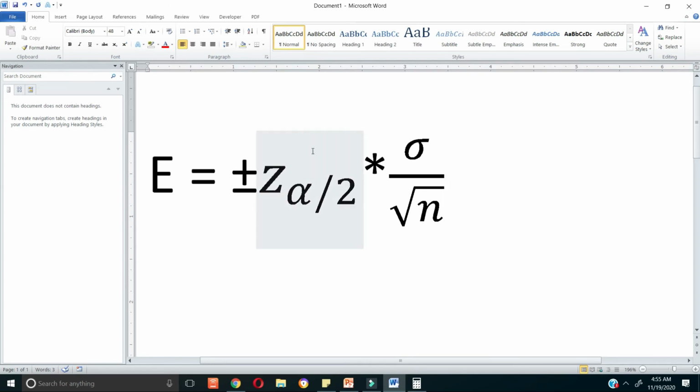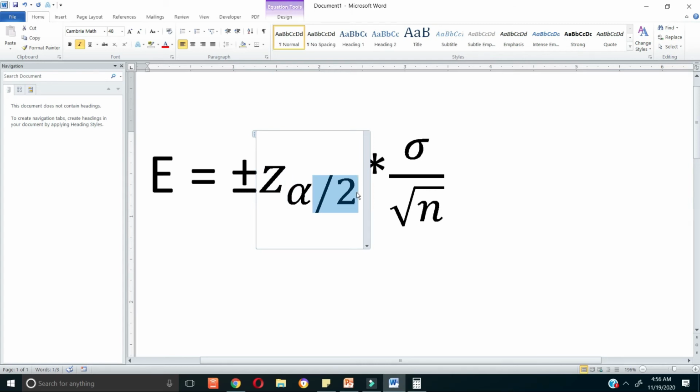So basically, what this really means is that you're getting the z value for an area of alpha over 2. Or rather, you're getting the value which has a cumulative area of alpha over 2.